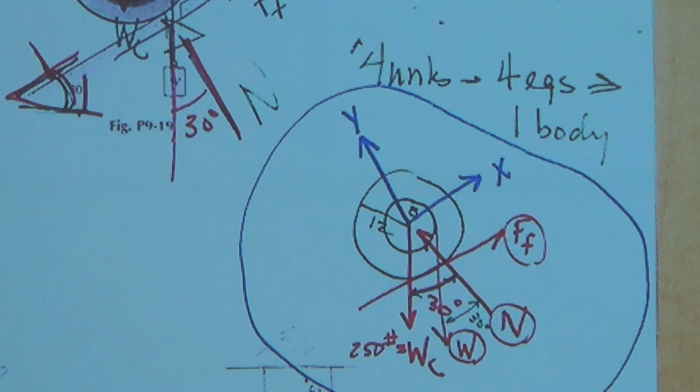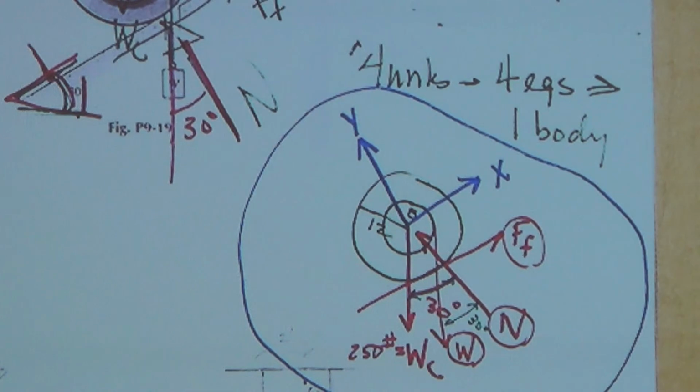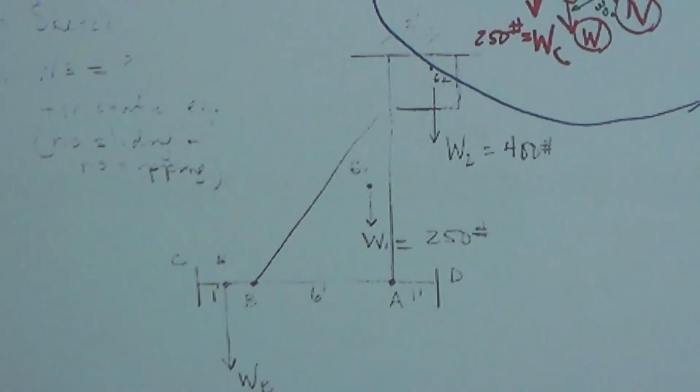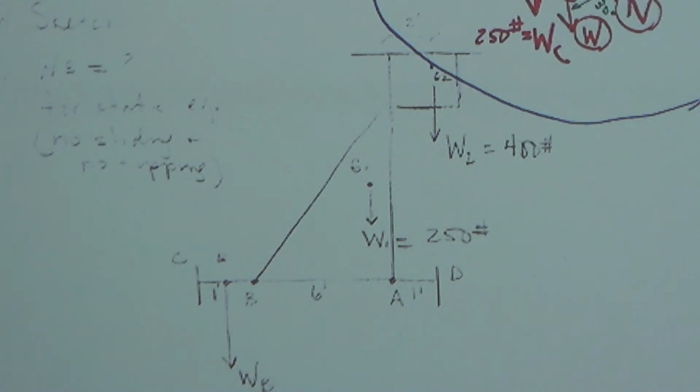If we do sum of the moments, where would you like to do sum of the moments about? How about the origin, the center? If we do sum of the moments about the origin, how many unknowns do we have? Two again, which ones?